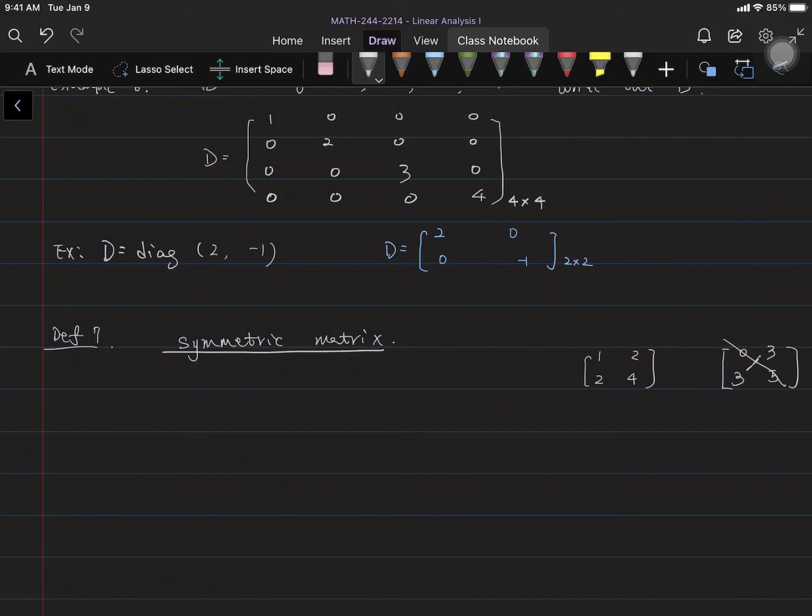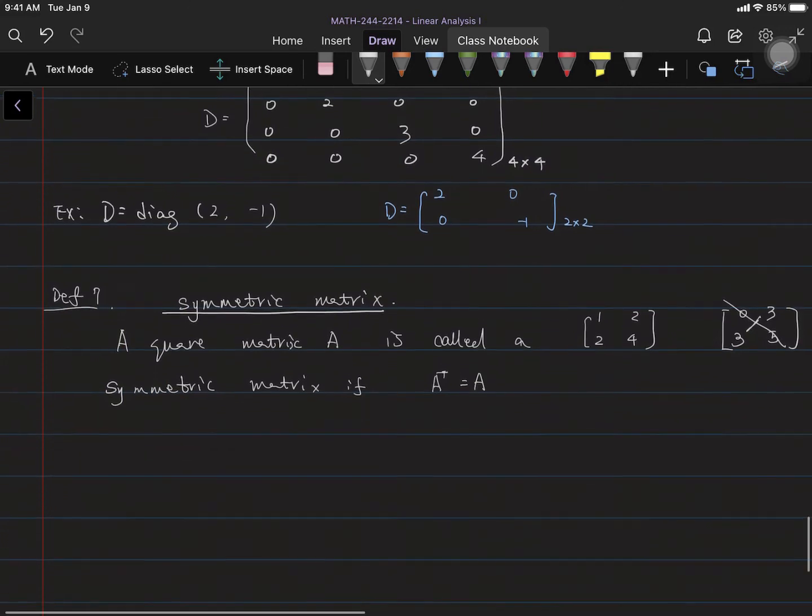The official definition: it has to be a square matrix. A is called symmetric if the transpose equals itself. Transpose equals itself.